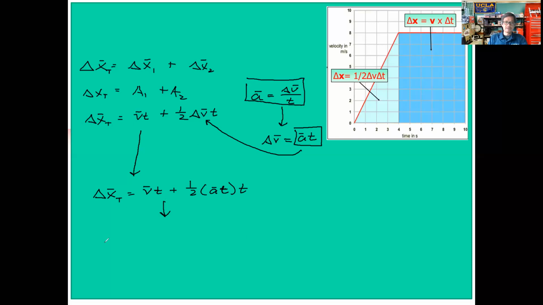Let's simplify this one last time. If we simplify this, then we have delta X, displacement, is going to be equal to VT plus 1/2 AT squared.